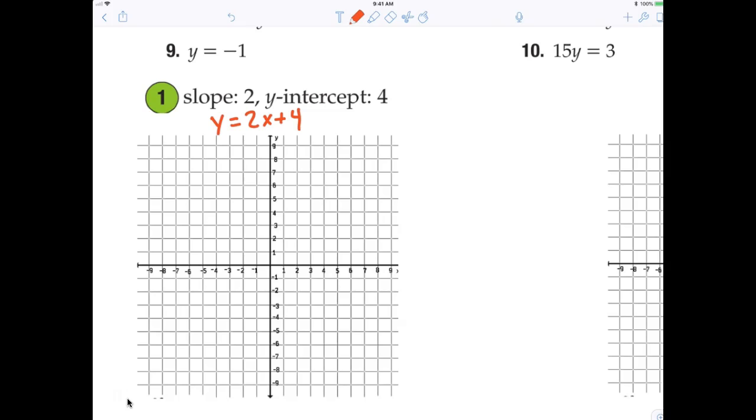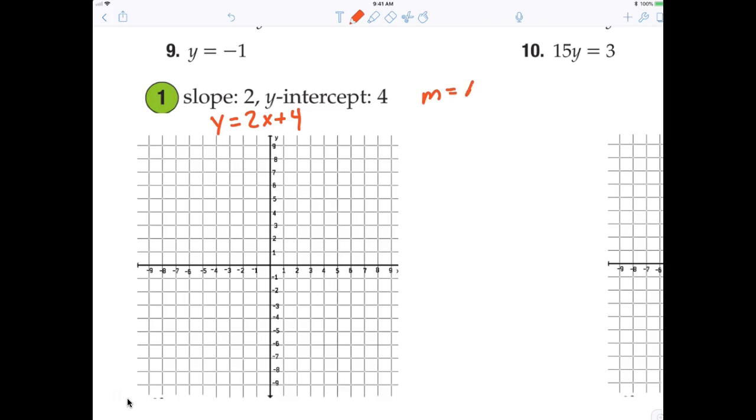Now, the reason why that's so easy is because you understand slope, and you understand what y-intercept is, and you understand that the slope is defined as what? What is slope? All that homework you did yesterday, no one can tell me about slope. Rate of change, that is awesome. What else could we define slope as?